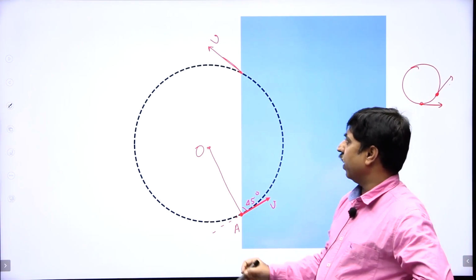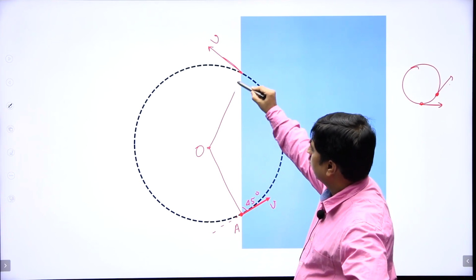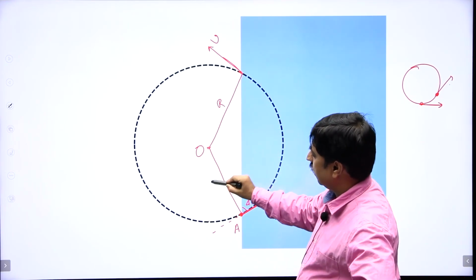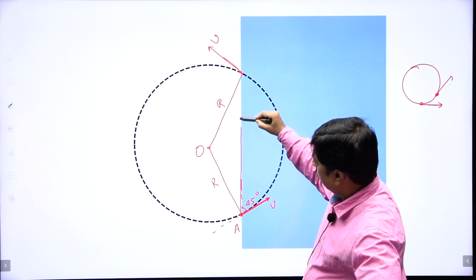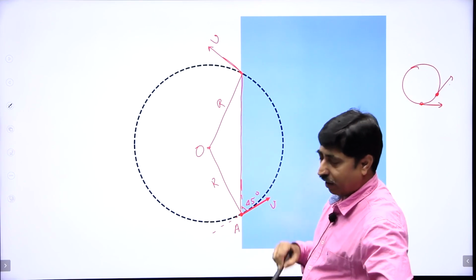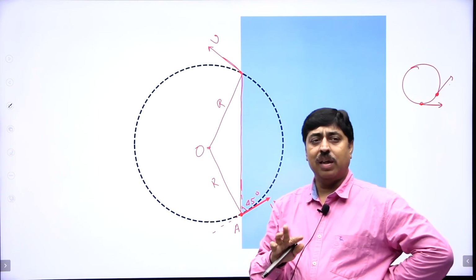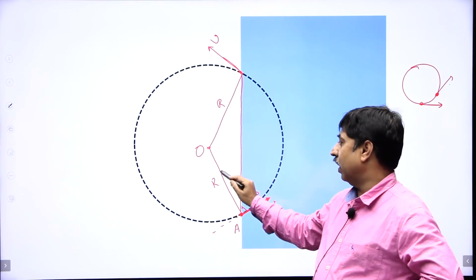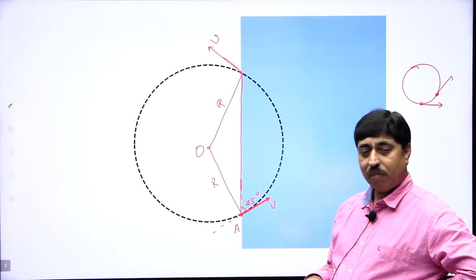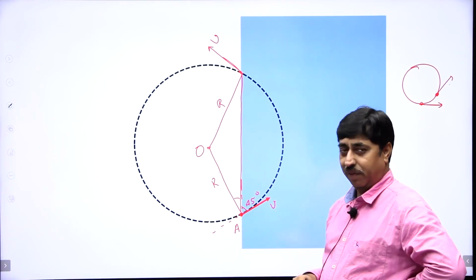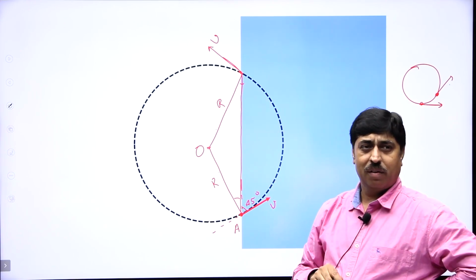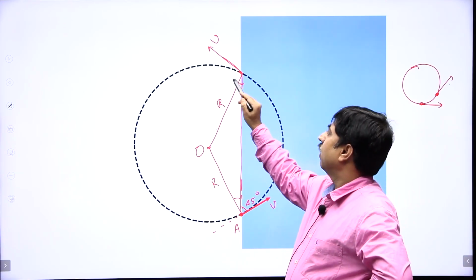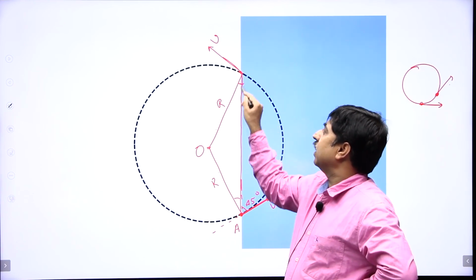It is very easy to figure out that this is the radius, and this is the radius. So if I complete a triangle like this, this particular triangle is at least an isosceles triangle because these two sides are of the same length. So if this is 45, this is 45. Can you understand that? This is tangent, this is radius, this is 90.